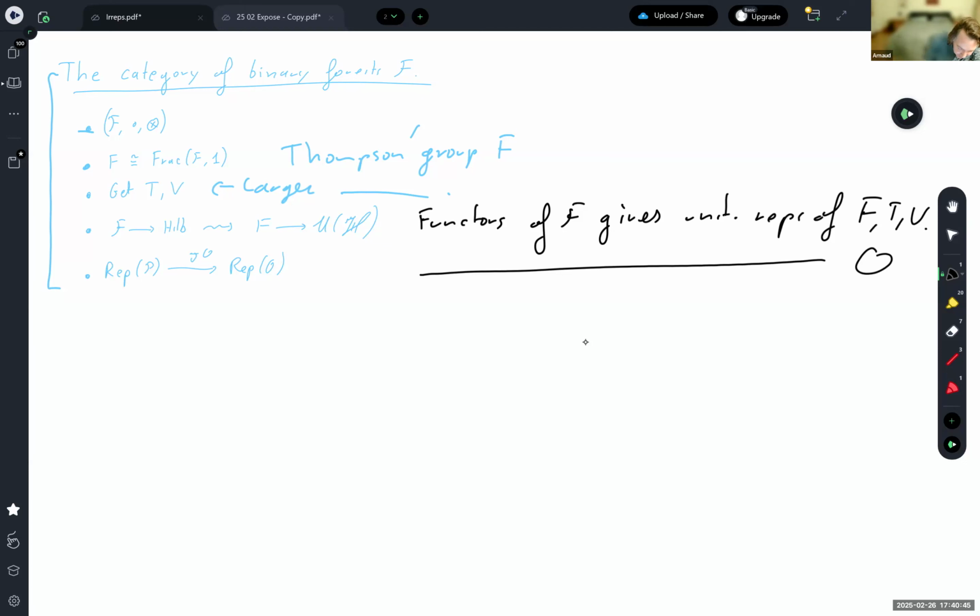Okay, so what is F? For me, F, well, it's a category, but I kind of like to think of it as a set, as a set with a partially defined operation. I hope it's fine with everyone. But yeah, the elements that are in it are kind of explained by the name.